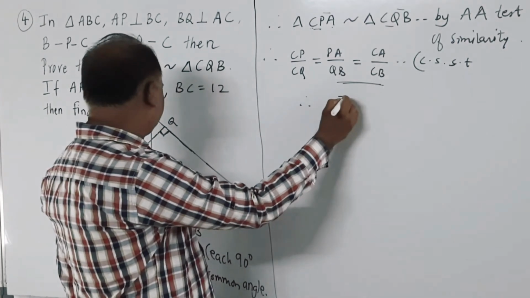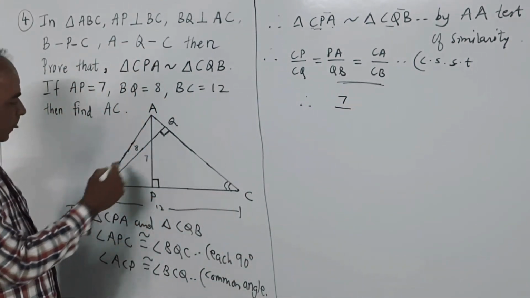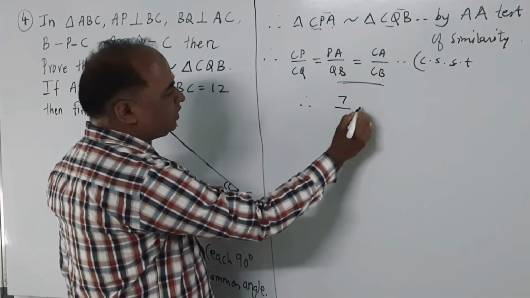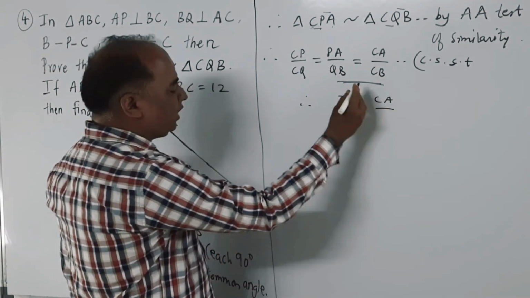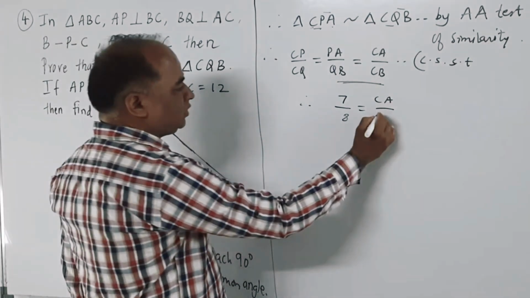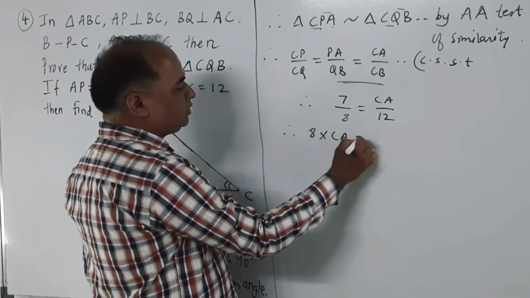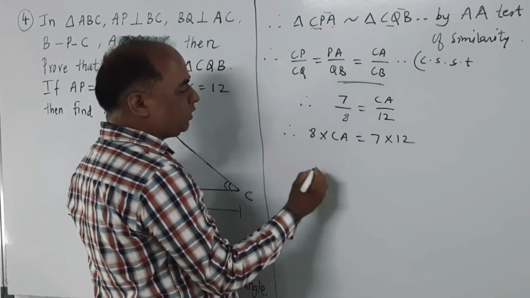Therefore, PA is equal to 7, then QB is equal to 8. So 7 upon 8 is equal to CA, which we have to find, upon BC, that is 12. Therefore, 8 into CA is equal to 7 into 12.